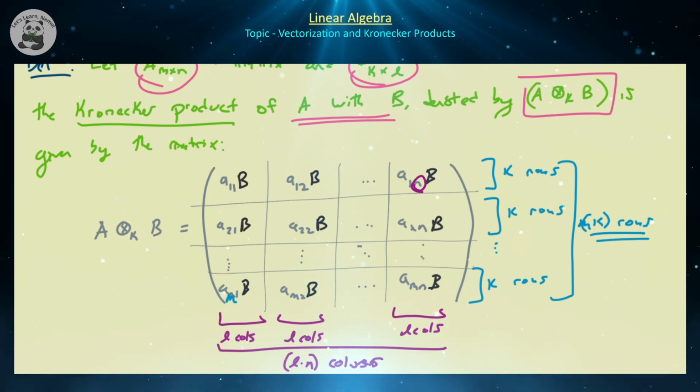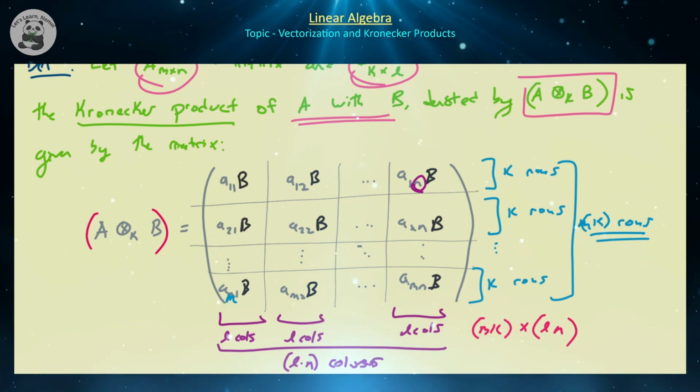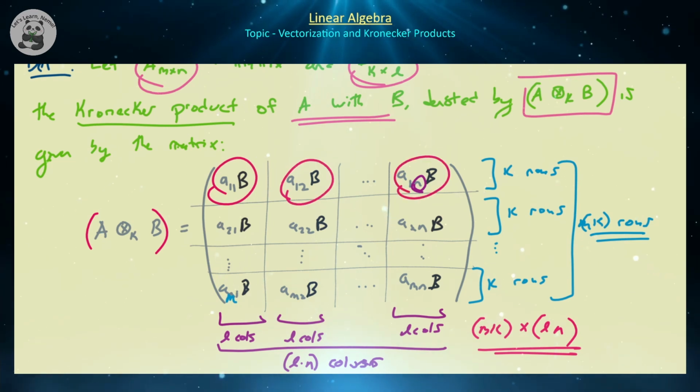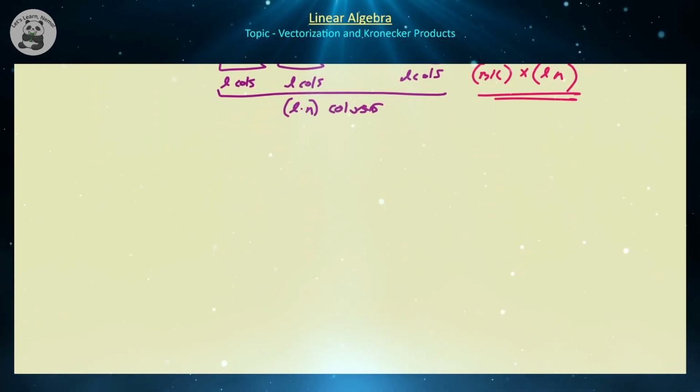That means the Kronecker product of A with B is going to have mk rows by ln, or nl, columns. So it's what some people call a block matrix, because this is a matrix, this is a matrix, and so on for each of these blocked off cells.